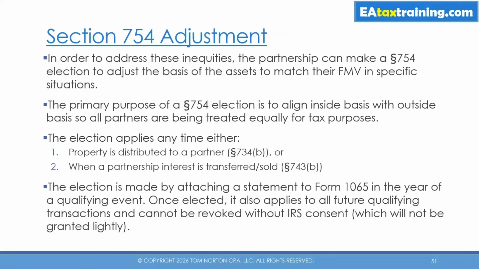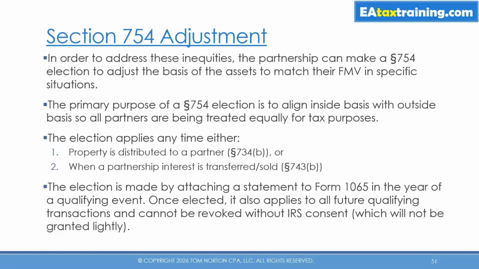Code section 734B. It applies to sales of partnership interests under what code section? Section 743B. How do you make a 754 election? By attaching a statement to the Form 1065. Can it be revoked? Only with consent of the Internal Revenue Service. So these are the important things that you want to know for the exam.